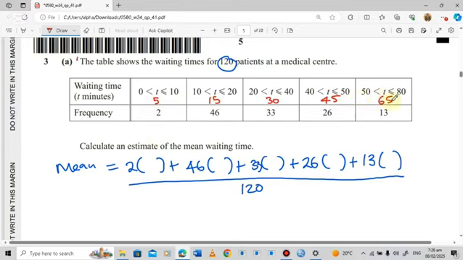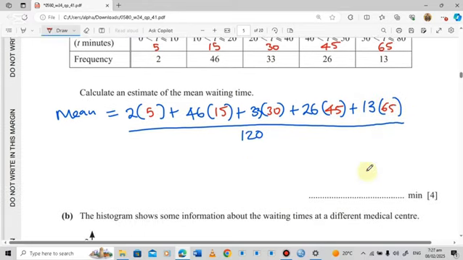So these are the midpoints that we are going to write in here. So 2 has a corresponding midpoint of 5, so we write 5 in there. Then here we write 15, then 30, then 45, then 65.